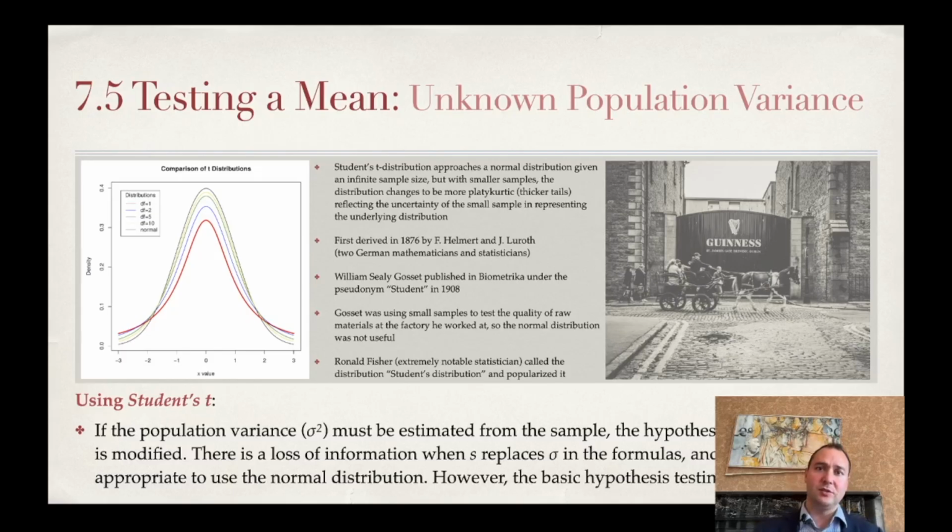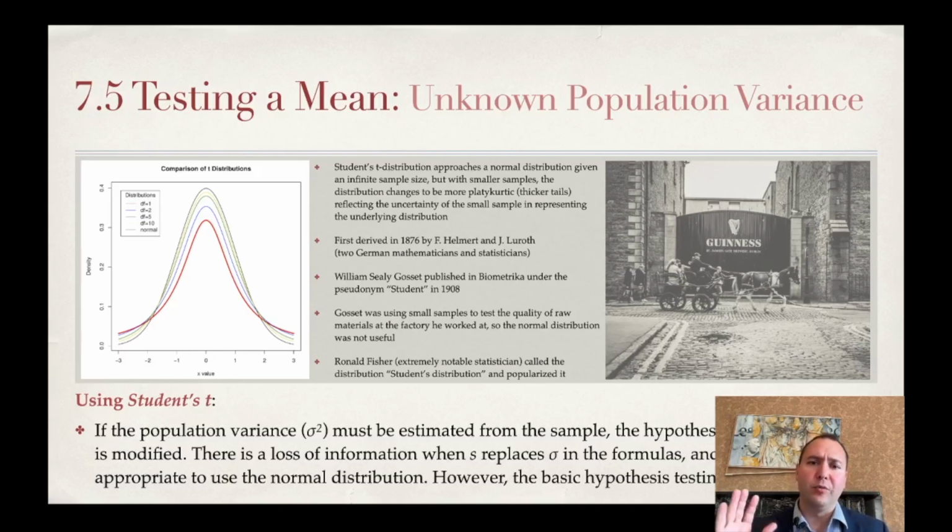The reason he used the pseudonym is that he couldn't use his real name. Why? Because Guinness didn't allow employees to use their real names in publications, particularly in research publications. Why? Because if other breweries knew that they were using this distribution, they would use it as well.